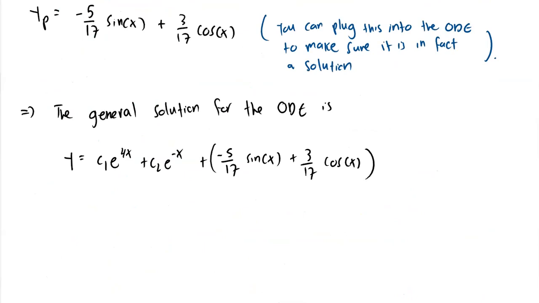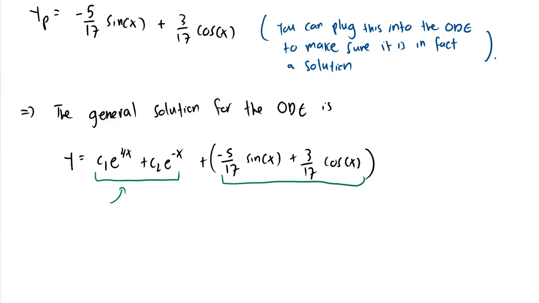And this is the general solution. What is the interval of definition? Well, it's the common interval of definition of the general solution of the homogeneous case and the particular solution. As we know, this always has interval of definition -infinity to infinity.